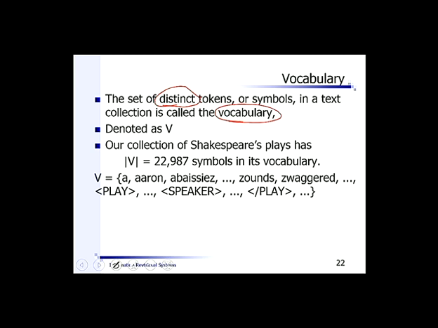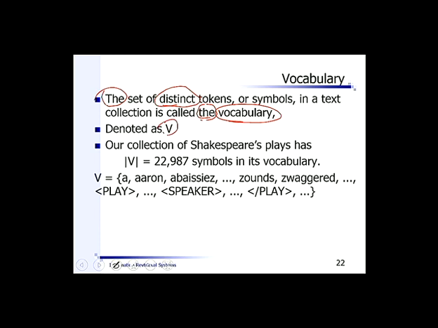For example, if you see here, the is repeated many times in this document. The is repeated here, I can see it here, and that's it. So it is repeated 2 times, but in the vocabulary we will consider it only once. So it is one word in the vocabulary. Okay, so it is denoted as V.